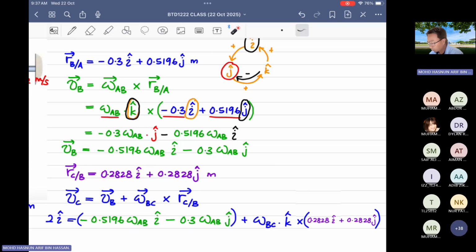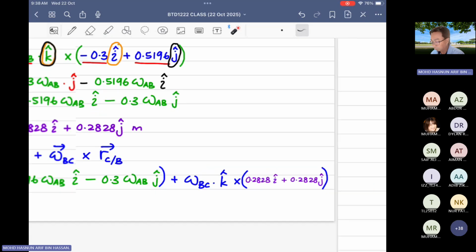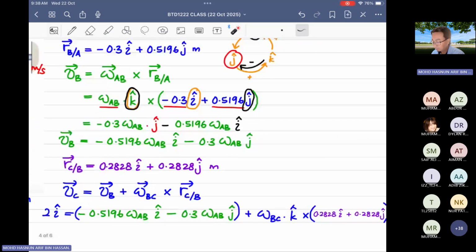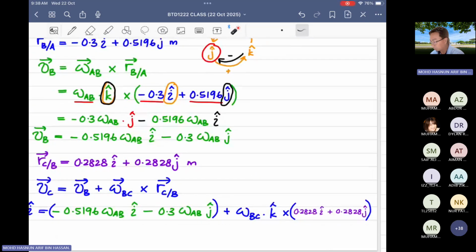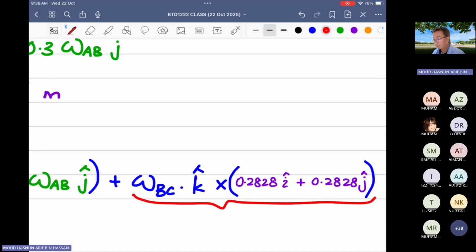So first thing first is to calculate this part, because this involves vector cross product. The rest does not have vector cross product, so you need to settle the vector cross product first. The same process, you multiply omega BC and the value.